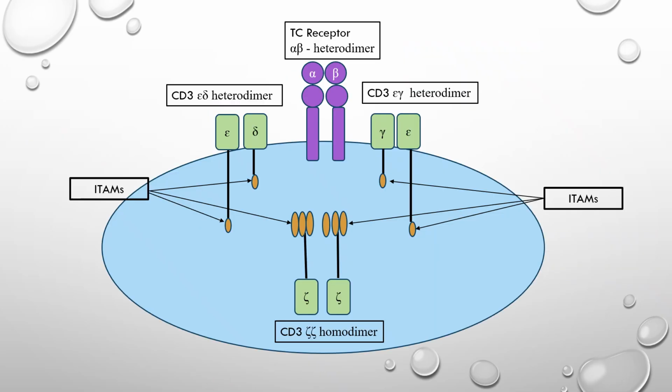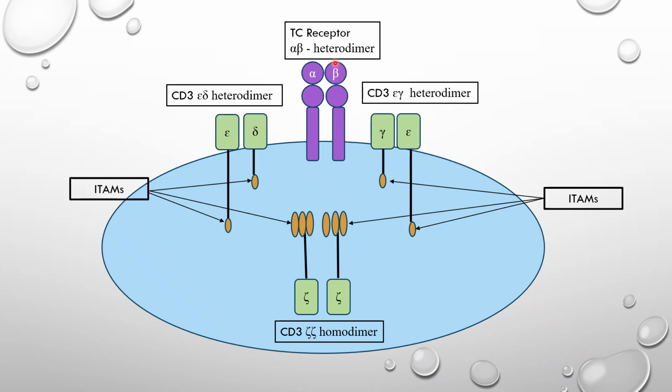Right. So for this diagram, I think I wanted to talk about this because I talked about ITAMs, and I never really talked about CD3. I never really talked about it in a lot of detail, and I just felt that I should really give a bit more explanation. So T cell receptors, this is the adaptive type, so it's an alpha beta heterodimer.